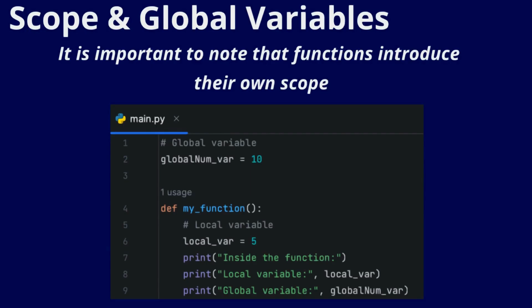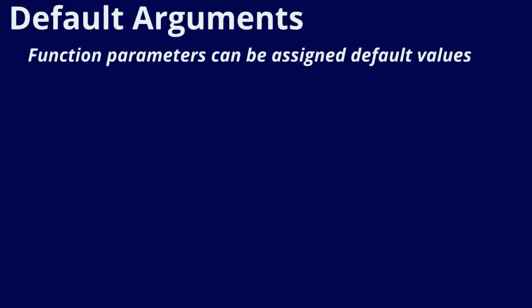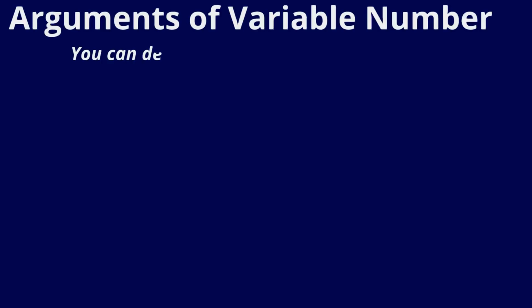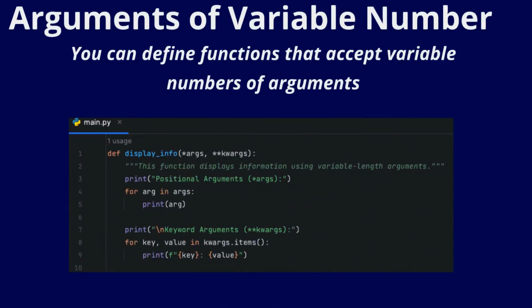It is possible, however, to access global variables from within a function. Number 8. Default arguments. Function parameters can be assigned default values. A default value will be used if no parameter is provided when calling the function. Number 9. Arguments of variable number. Using Python's special syntax, you can define functions that accept variable numbers of arguments.